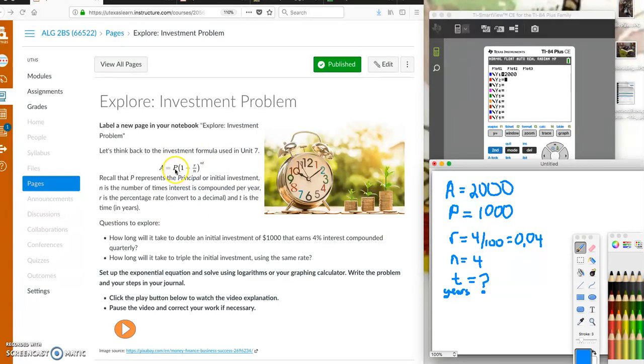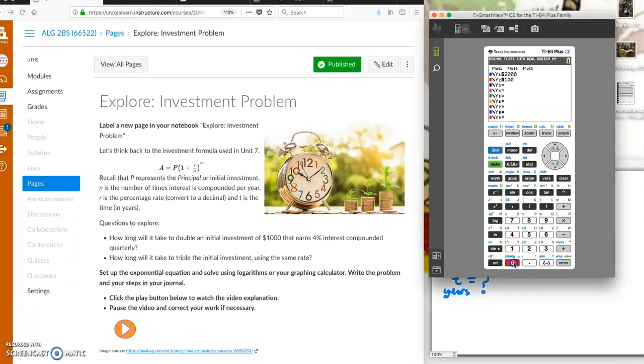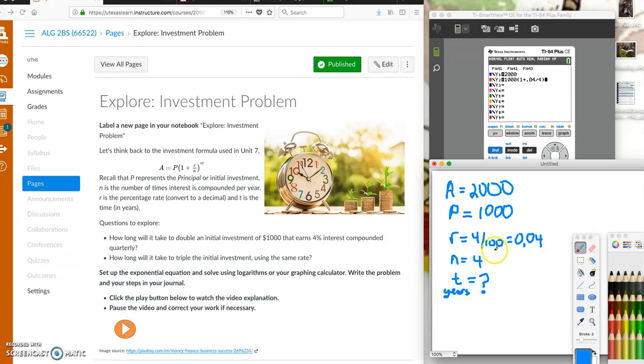So again, I'll reference what each of the variables is. That's P times parentheses, so 1,000 times parentheses, 1 plus R over N. 4 divided by 100 is 0.04, so that's R. That's the numerator.